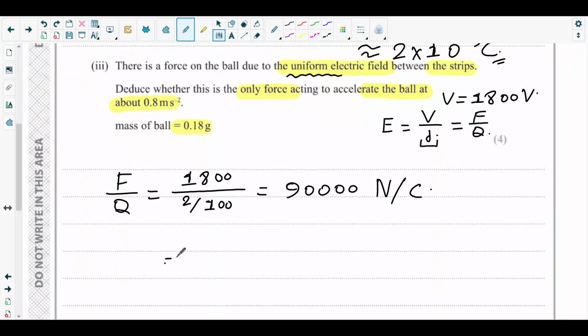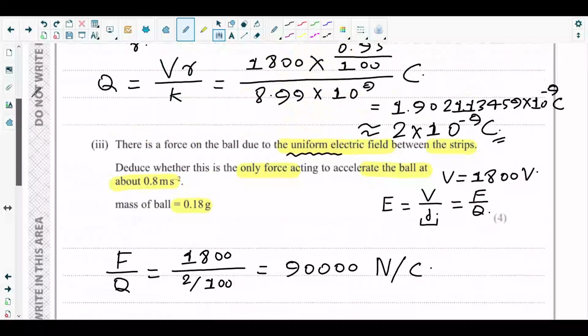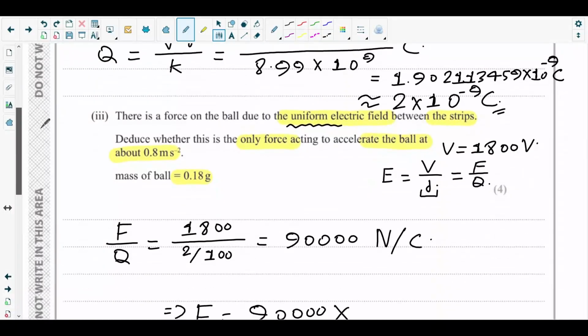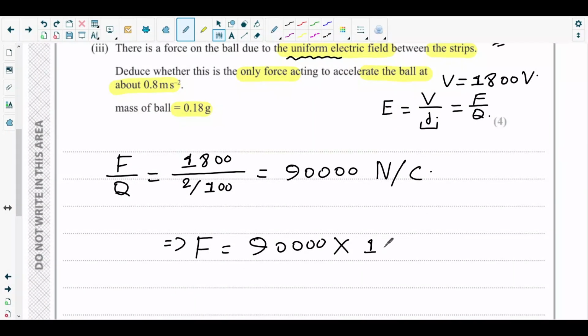So we now need the force. F equals 90,000 times the charge of the ball. The charge of the ball is exactly 1.902113459 times 10 to the power minus 9.